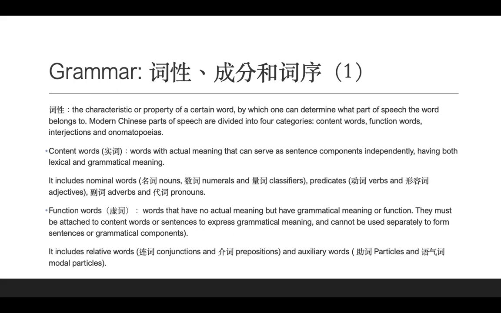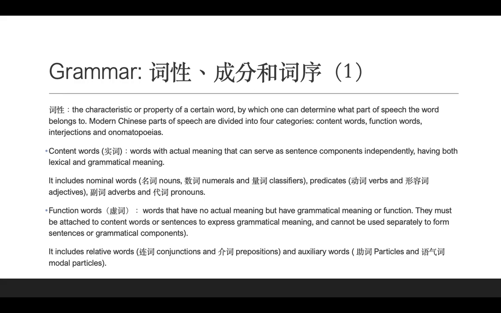It includes relative words such as conjunctions, 连词, and prepositions, 介词, and auxiliary words, for example, particles, 助词, and modal particles, 语气词. So later on, while we are learning the text, I am going to say, so this is a noun, this is an adjective, this is a conjunction, this is a preposition, this is a particle.